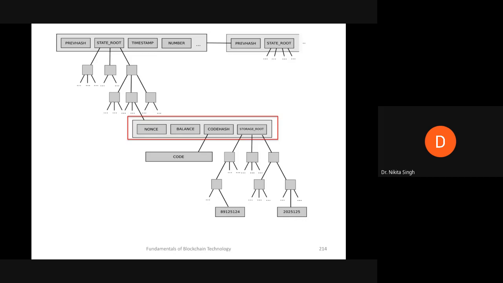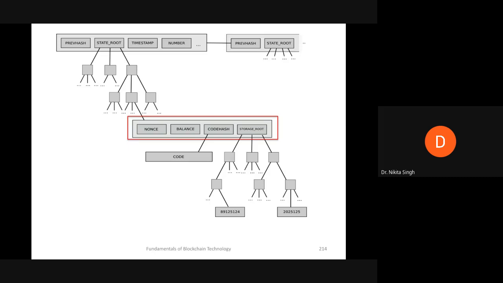And you must know that there is only one state trie, and that is the global state trie in Ethereum. State trie is global for all, it gets constantly updated. That is, it contains the key and value for every account which is present on Ethereum and the balances of that account.